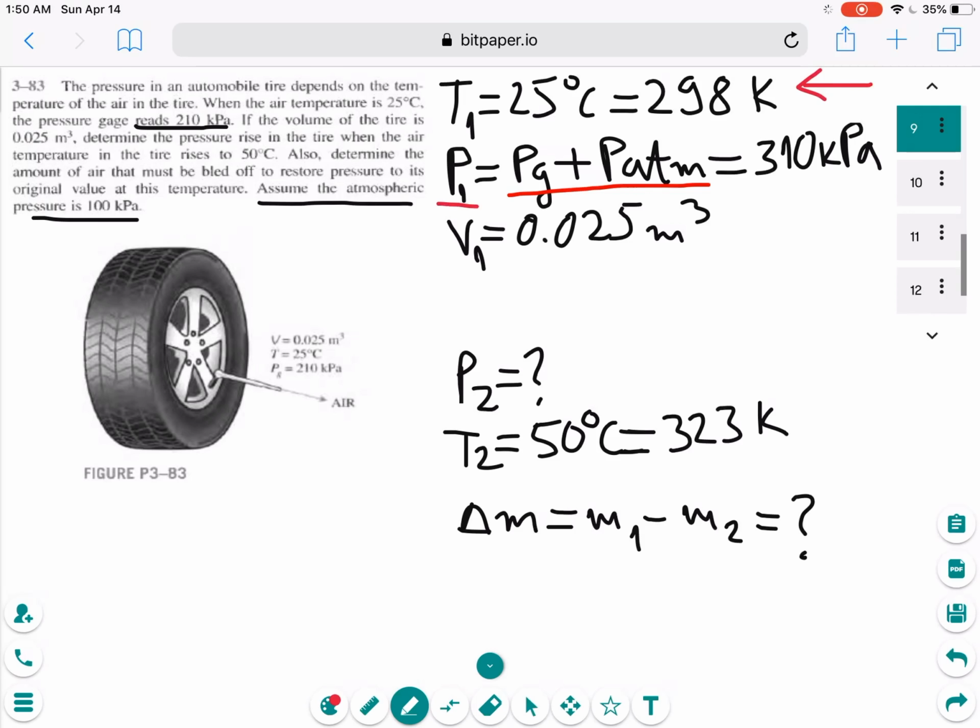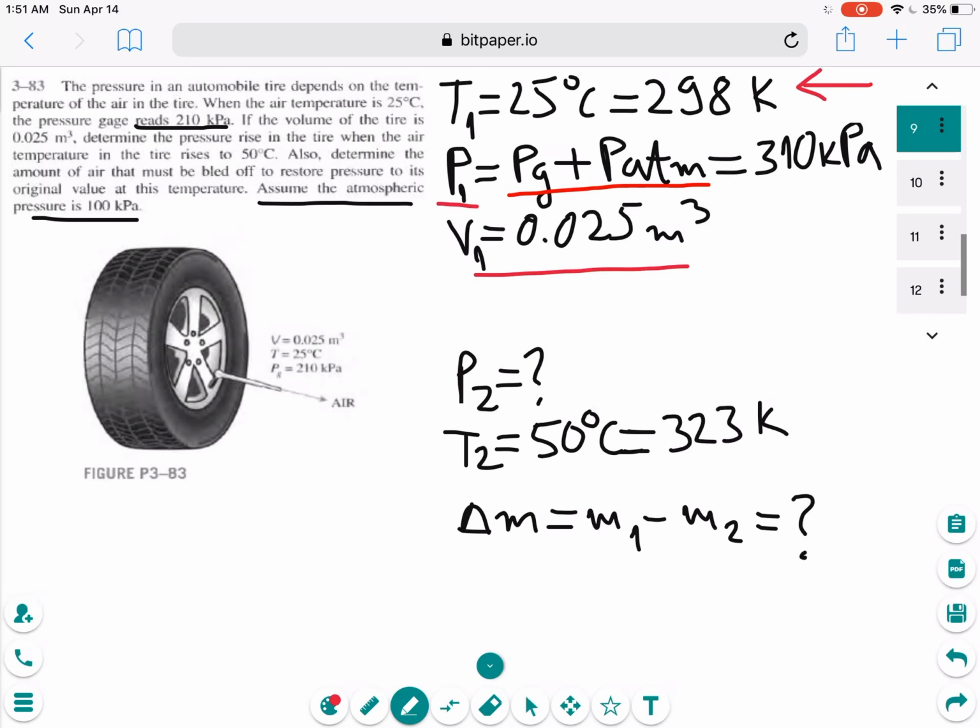If the volume of the tire is 0.025 cubic meters, so that's the volume given, we're going to assume that the volume does not change. The tire is not going to expand just because it heats up, so the volume will remain constant.